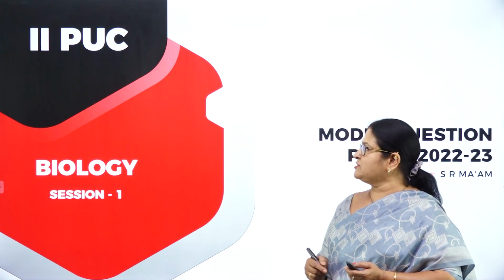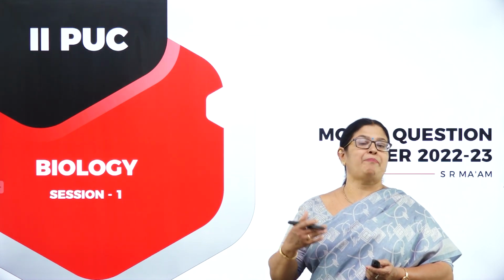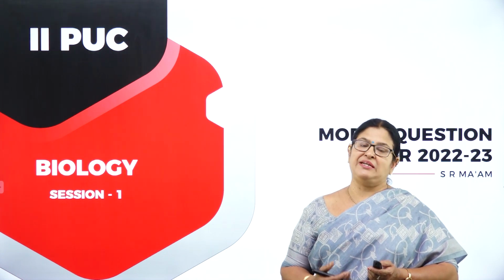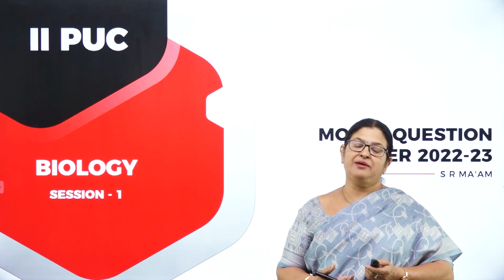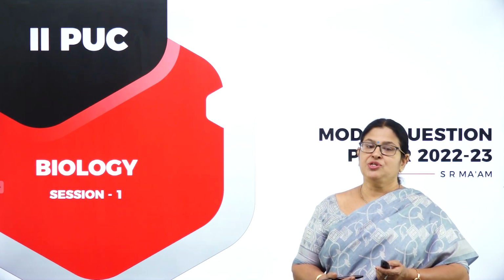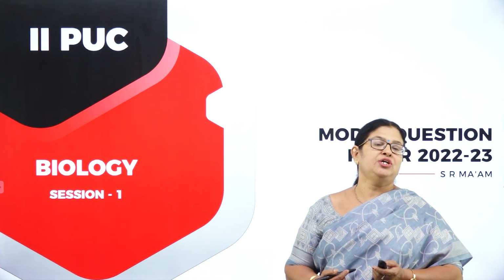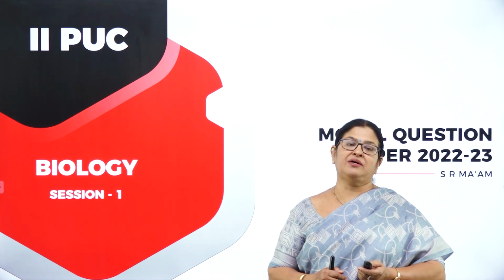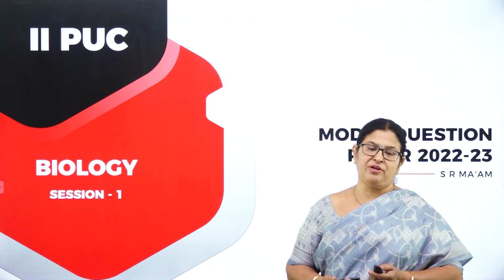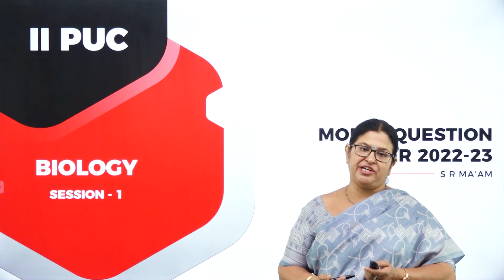So in this particular session, I'll be discussing the pattern of the question paper that is there for your second PUC biology examination. I have taken this session to discuss one of the model papers that is released by the Department of Pre-University Education.